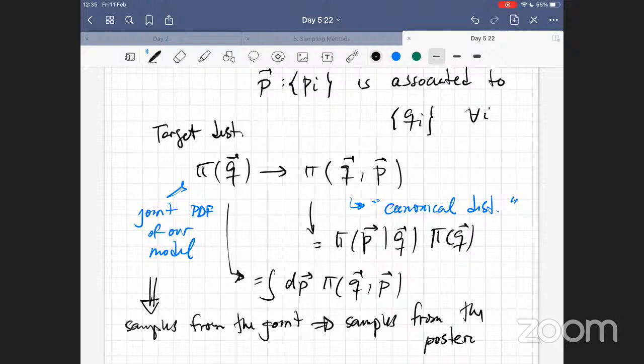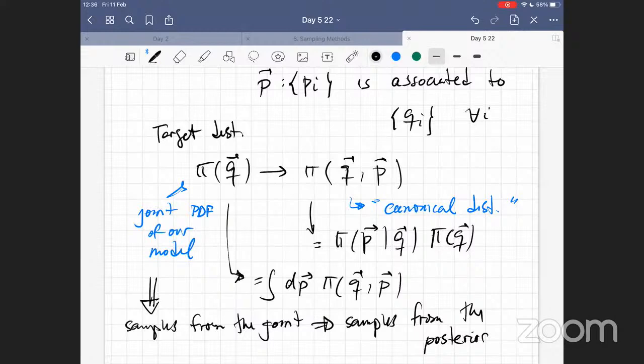And this magical fact that you don't need the normalization is just because of the whole procedure of the Metropolis step, that we have discussed before.